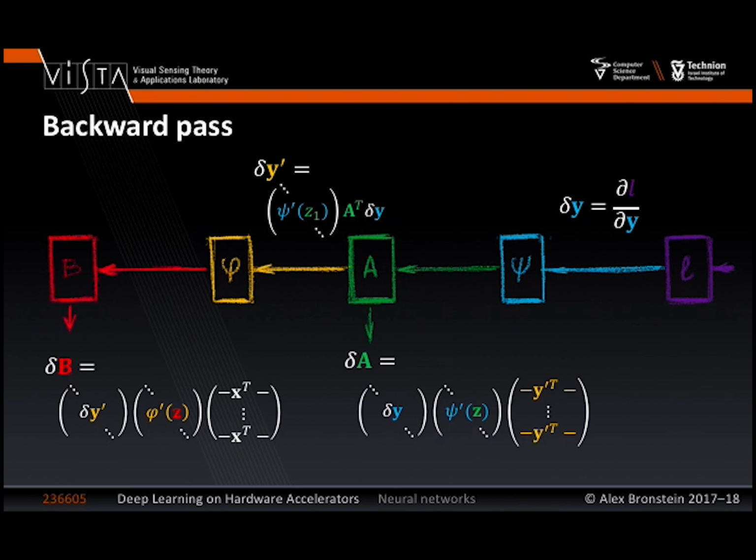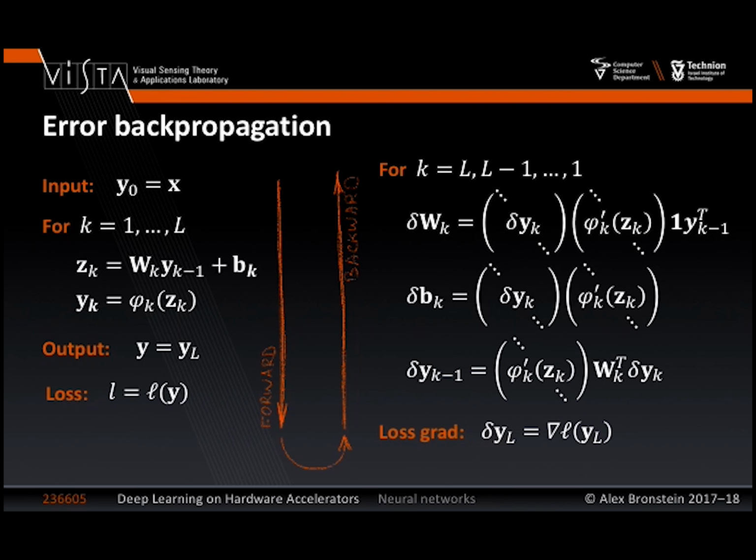Okay? Then we can forget if we had additional layers before. We can now do this transformation to compute dy prime prime here, and again forget what happened previously, right? So we can formalize this, summarize this as what is called error backpropagation.